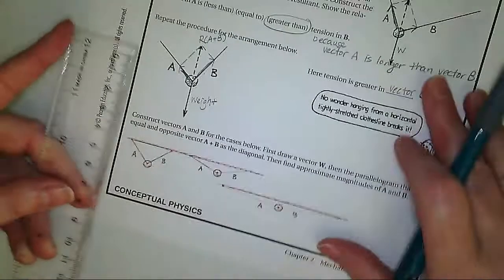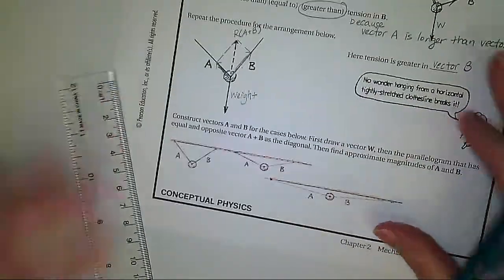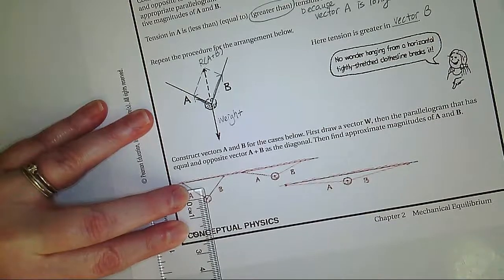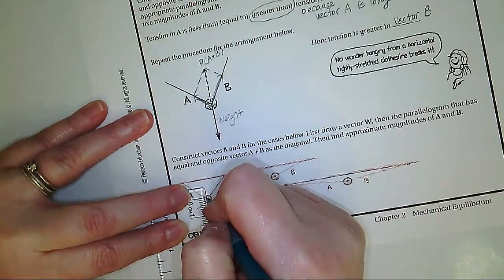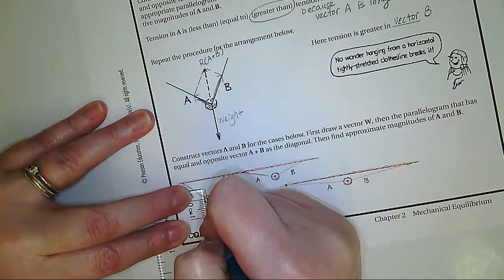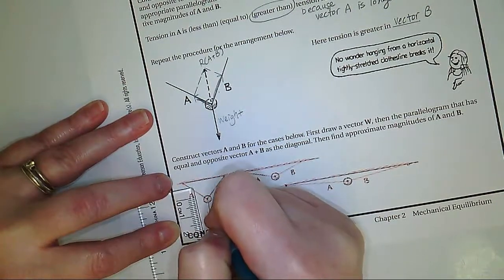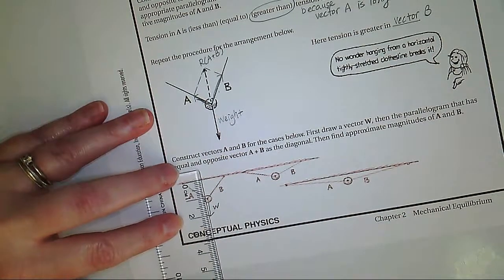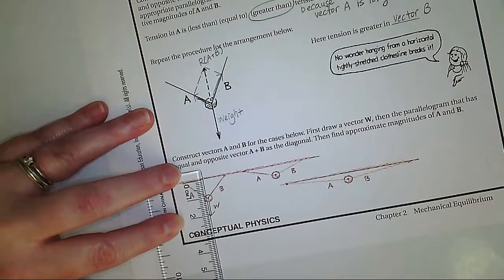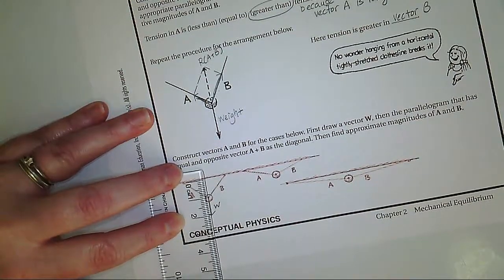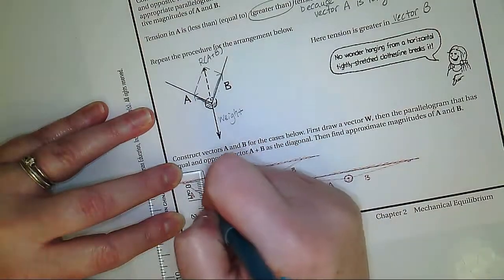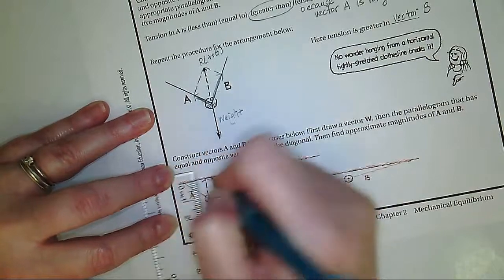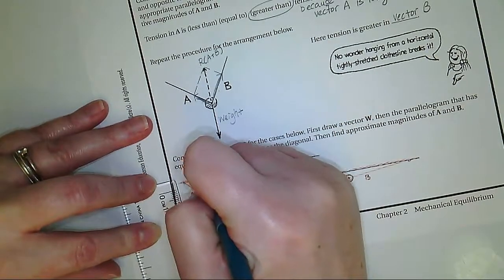I'm going to say that the weight of this rock has a length of 1 centimeter. So there's my weight. Now I have to have a resultant that goes up 1 centimeter and ends right there. So that's my resultant of A plus B.